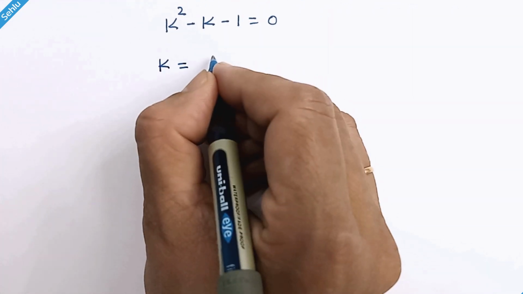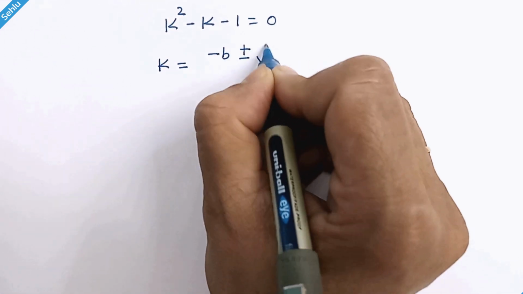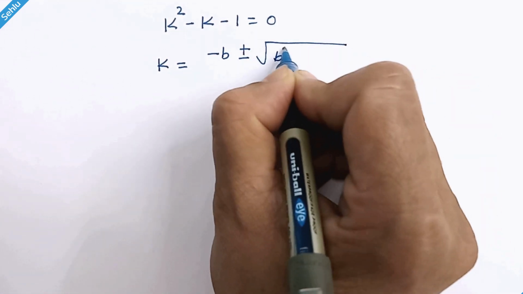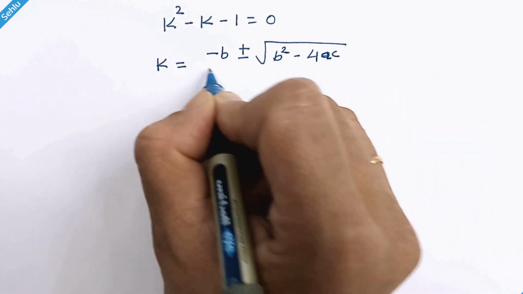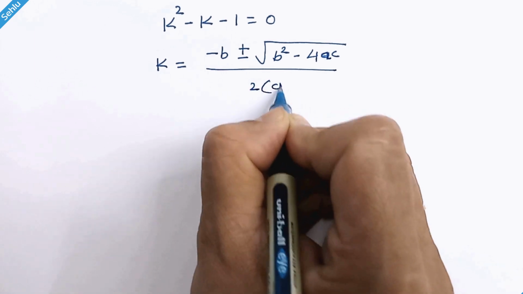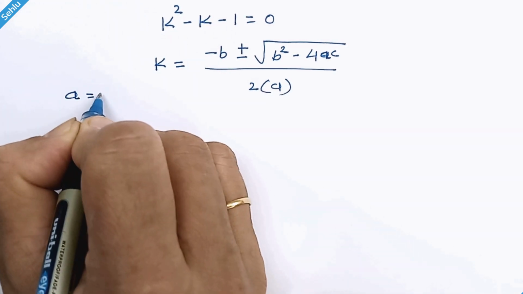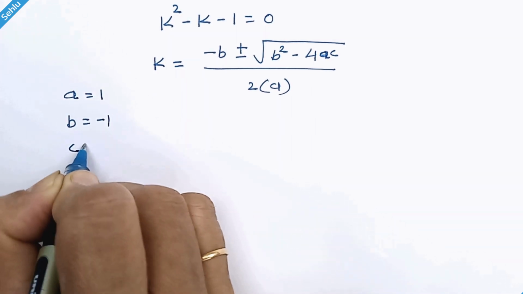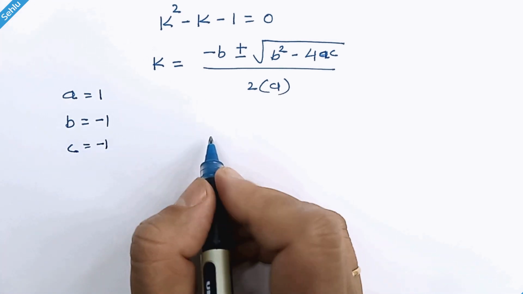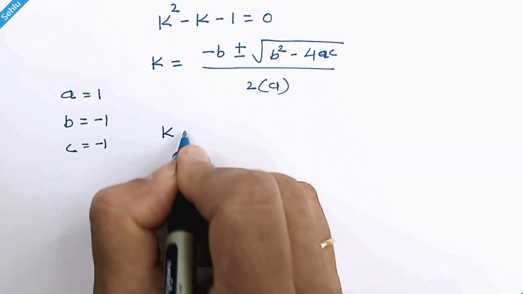K is equal to minus b plus or minus square root of b square minus 4ac over 2a. Here a is equal to 1, b is equal to minus 1 and c is equal to minus 1. Let's put this value in the formula.